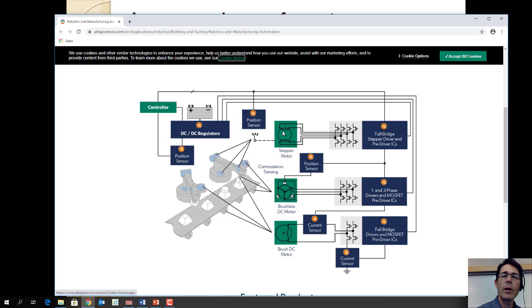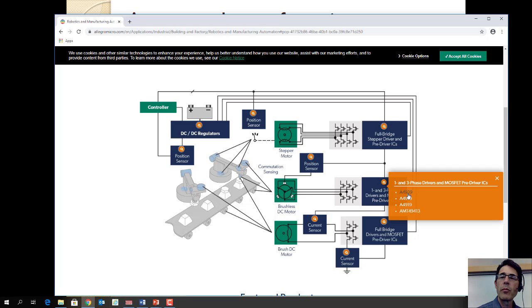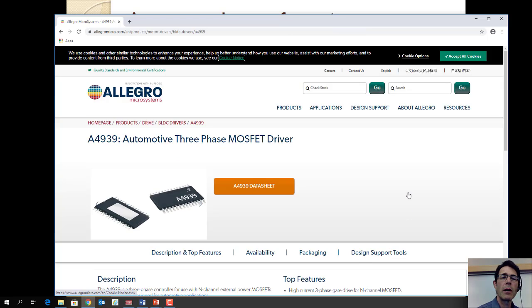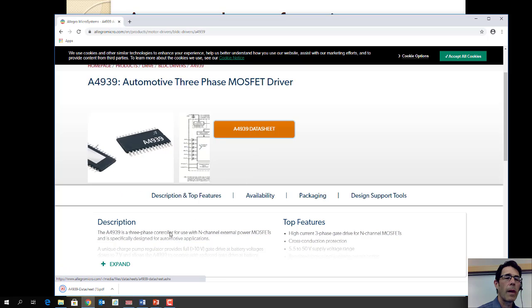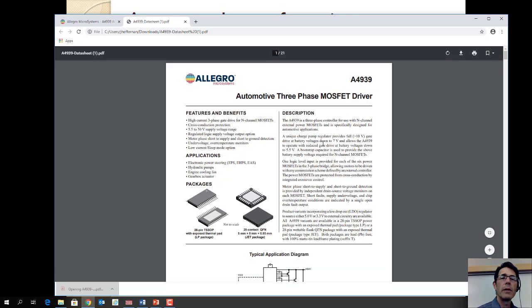So let's say you wanted to see what types of brushless motor controllers they had. If you click this, it brings up a little diagram, and there are 4 different families of parts. If I click on this one, A4939, there it is. That's the actual chip that's used to control the brushless motor. And if we click on this, it brings up the data sheet.